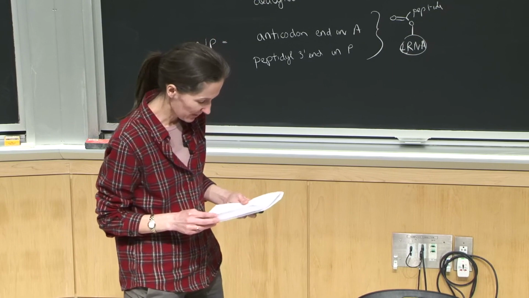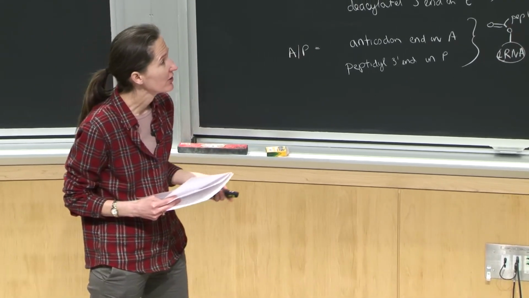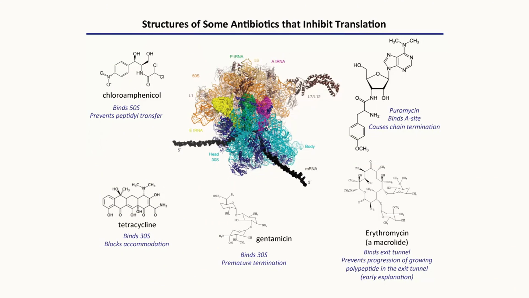So what about structures? Here are just some examples. Structures are highly variable, and the ways in which these molecules can inhibit translation are highly variable. These are some examples that you may have come up with some of these in terms of laboratory work, or maybe even been prescribed. So for instance, chloramphenicol, this molecule here binds the 30S, prevents peptidyl transfer.